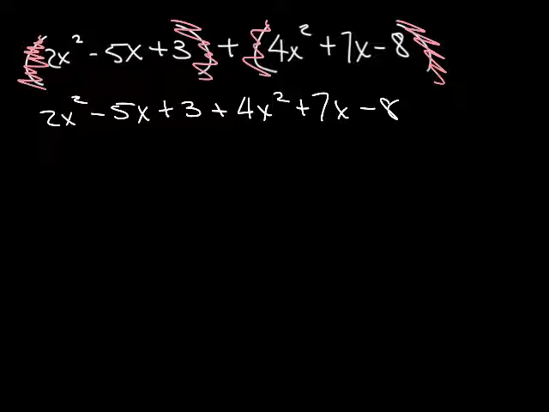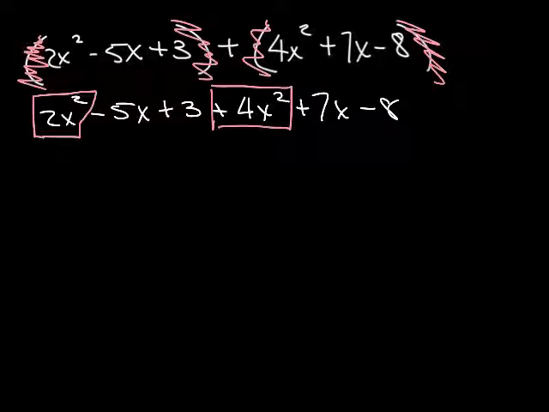Alright, so now what we're going to do is we're going to look for like terms. I'm going to circle the like terms with different colors so you can see which ones are alike. Now remember, like terms are terms that have the same variable and the same exponent on the variable.